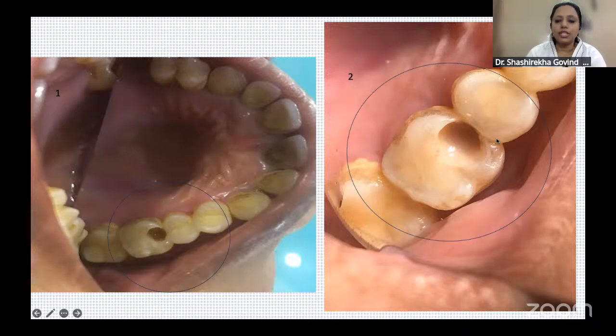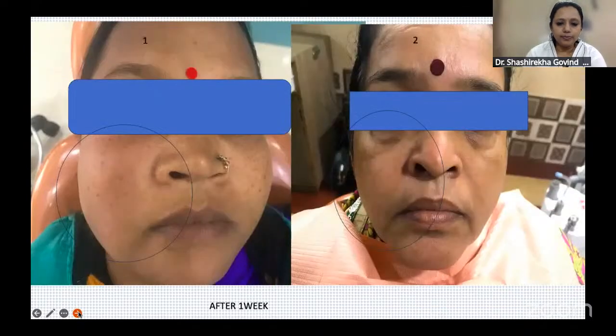Such a condition we call active pus draining or active canal draining. This is after 10 days. The swelling was completely resolved, and we did obturation for this after 14 days.